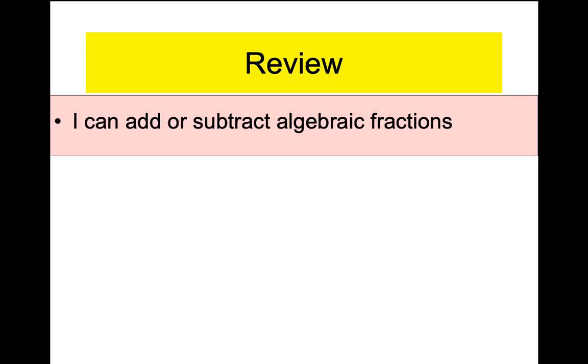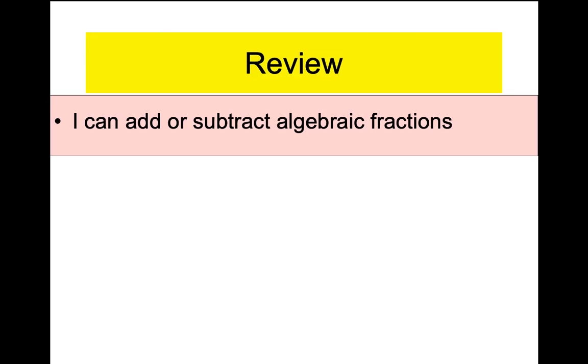What times x is x squared? x. And what times y is y? 1. So we just need to basically multiply by 2x. What's 4 times 2x? 8x. So this turns into 8x over the common denominator, 6x squared y.